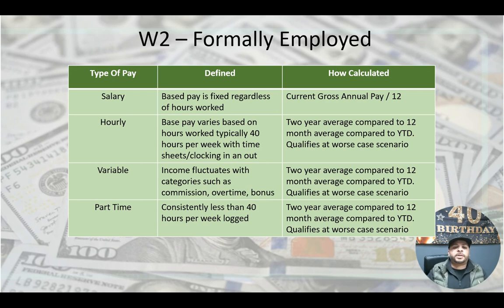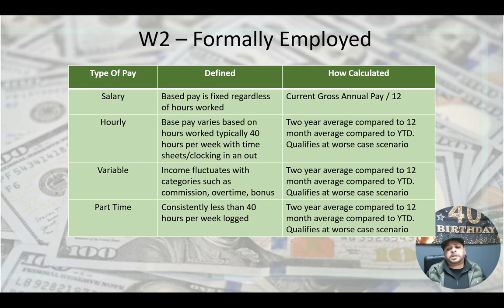Now, in some of these cases where you're salary or hourly, you're also going to have some variable items such as commission or overtime or bonus pays. In that case, most loan programs are going to require you to take, again, a 2-year history, a 1-year history, and compare it against a year to date. With the first bar being you've got to at least have a 2-year history of making commission.